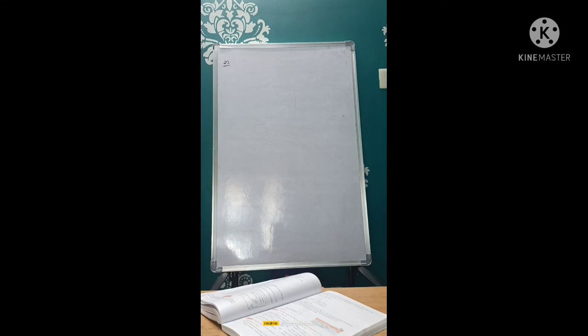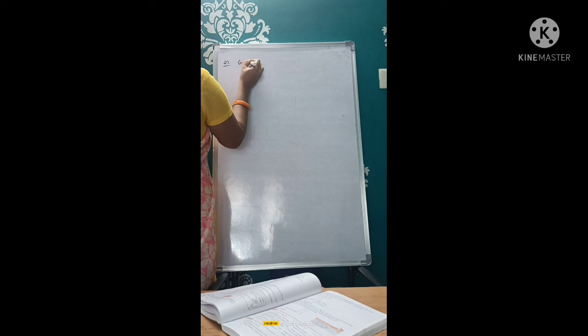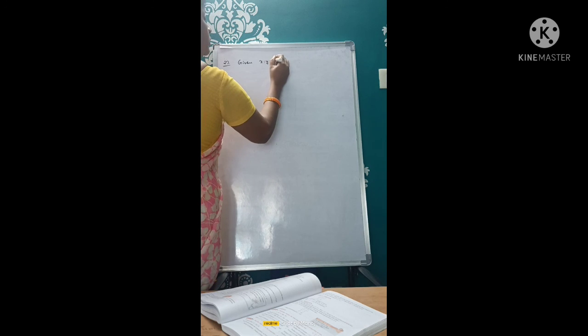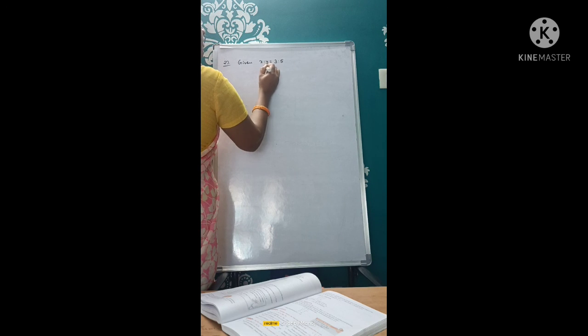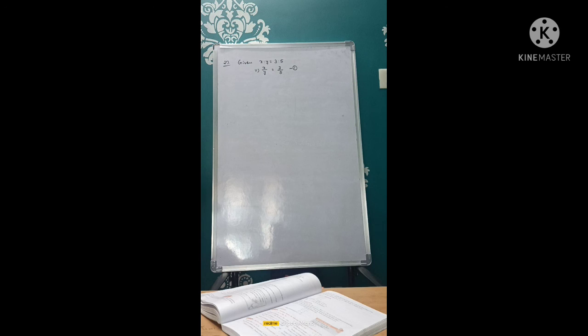You can see question number 27. Given x is to y equals 3:5, means x by y equals 3 by 5. Say equation 1. Okay.